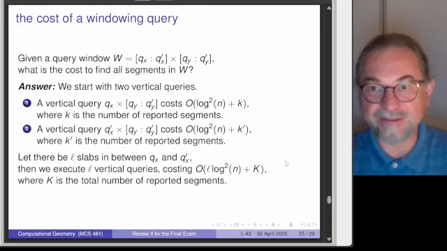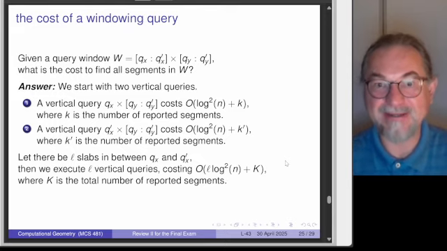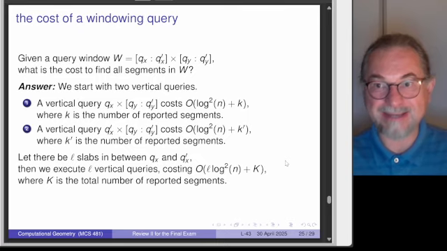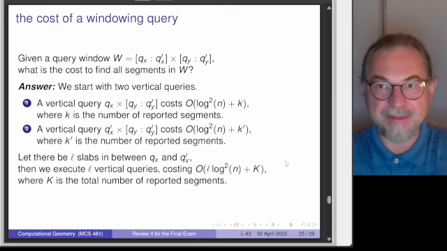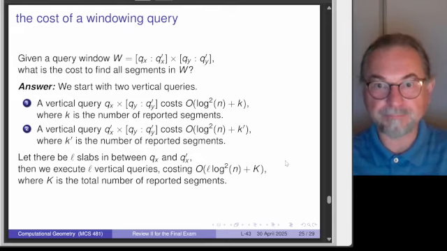Now, it's important here that the problem is discretized, so we actually know how many segments we have in advance. We actually know the number of slabs that we had. So in the segment tree, we started with the leaves that were all the elementary intervals. So there are, say, L slabs in between. Then actually we have to use that many vertical queries.